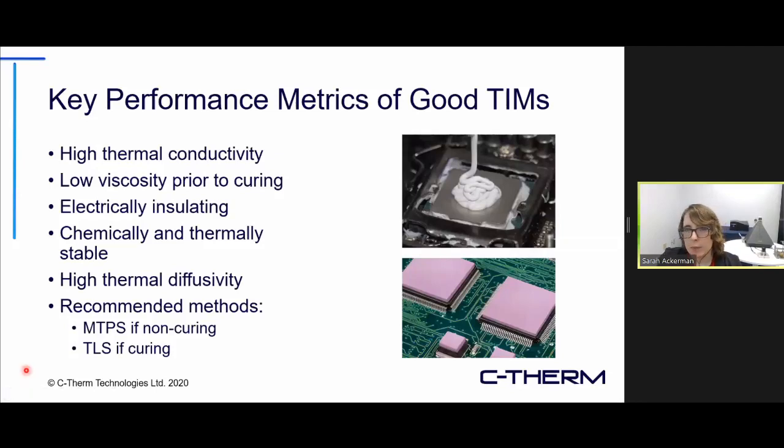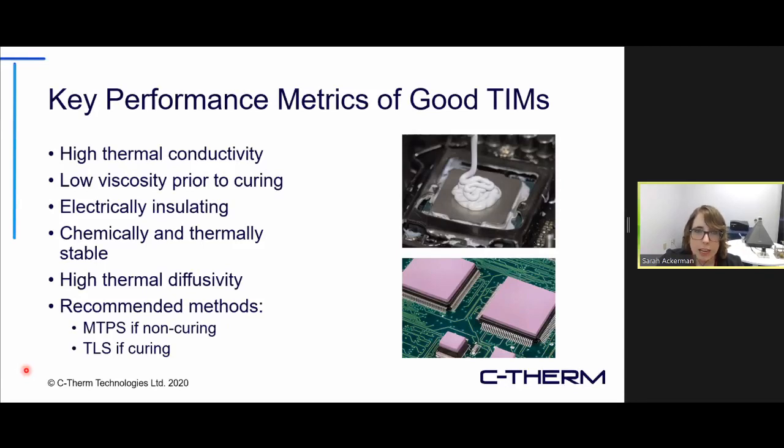Looking at some applications for the MTPS, specifically, we'll start off by looking at thermal interface materials. So some key performance attributes of these materials. You're going to want them to have a high thermal conductivity. If they cure, you want to have a low viscosity prior to curing, and if they don't cure, it's generally a good idea to have a low viscosity so that they flow and wet well.